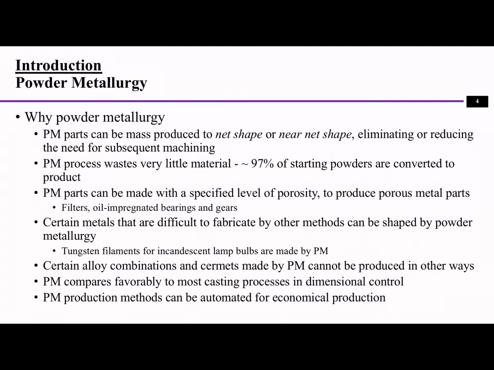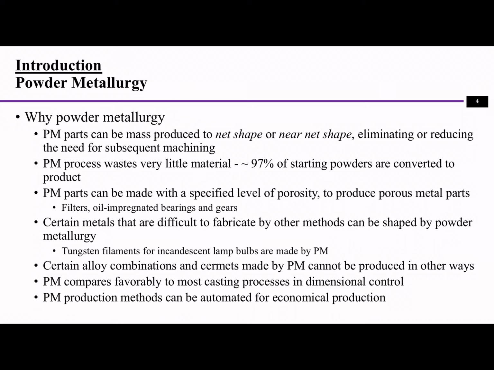Why do we use powder metallurgy to make products? There are a lot of reasons, but two main ones. One is that sometimes we want to make products with a good level of porosity. Why? Because sometimes that porosity can actually help the function of the products, for example, bearings and gears.